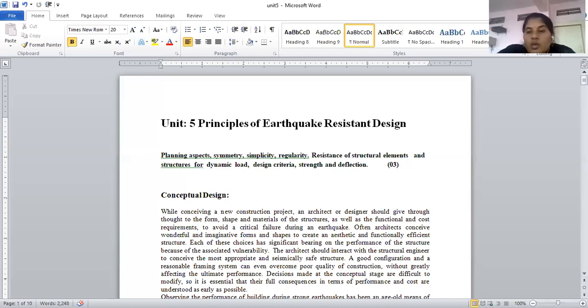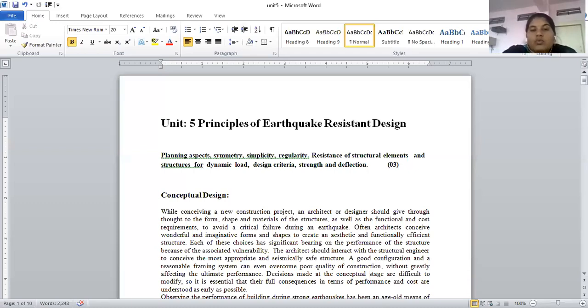Based on this, we have to increase the resistance against the earthquake loading coming on the structure. For that purpose, we have to focus on the issues to improve the resistance of the structural element. I hope all of you have understood what we are going to learn in this unit number 5, the principles of earthquake resistant building.